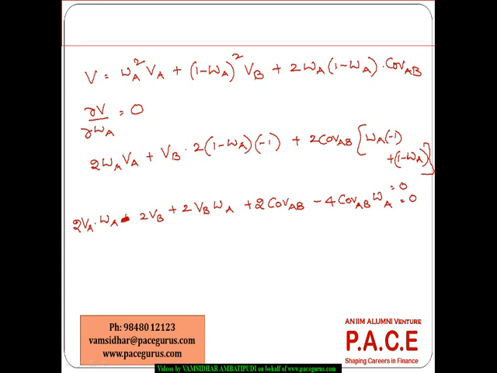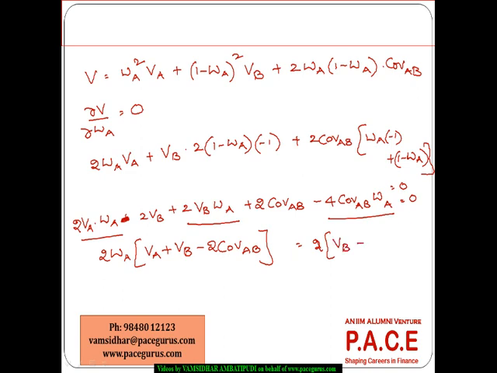So I collect all the WA terms on one side. It becomes variance of A, plus variance of B, plus from here minus 2 covariance between AB, and the remaining terms I take to the other side: 2 times variance of B minus covariance between AB.